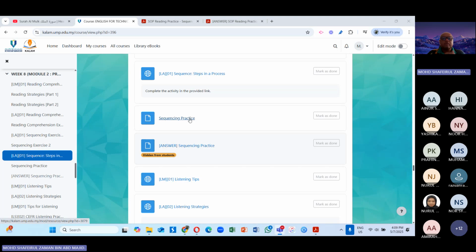For part A, it is going to be on sequencing. Part B and Part C are going to be more on multiple choice questions and also true or false kind of questions, okay? And most of the time, you're going to take more time to concentrate and finish Part A, which is on sequencing, okay? And how to tackle this kind of thing.